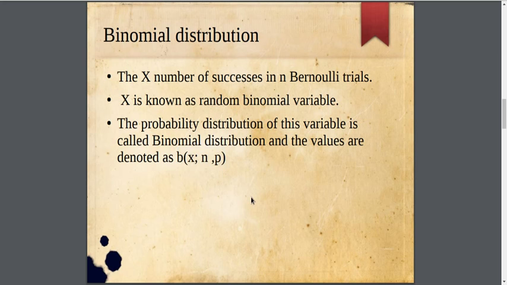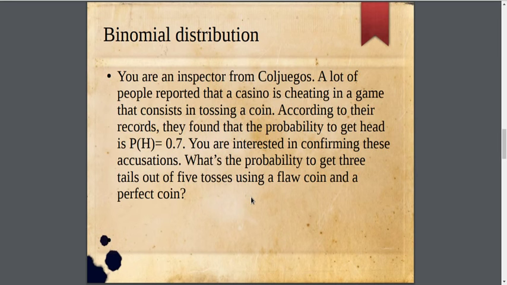With this expression, it is important to know the notation that we use to show the binomial distribution. However, it's not that important. I just wanted you to know that. And let's explain this with another example.